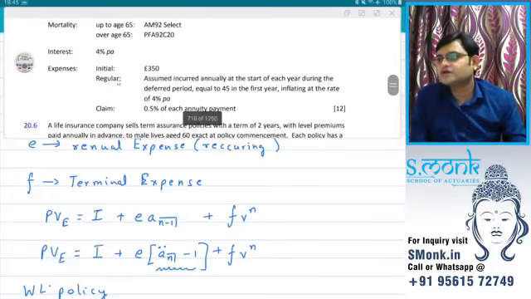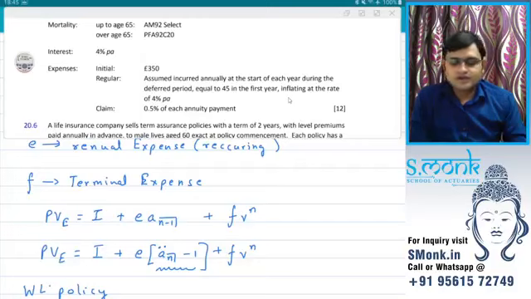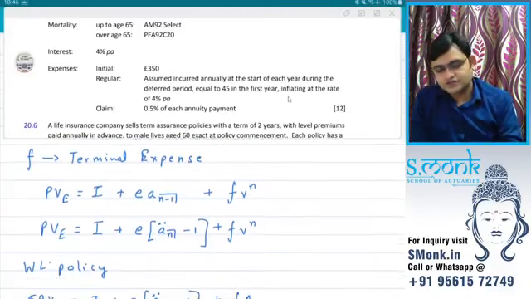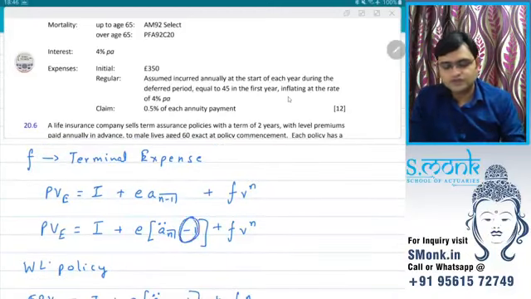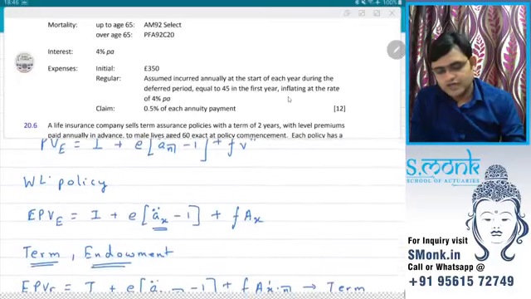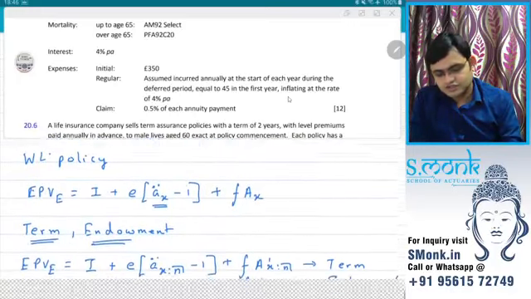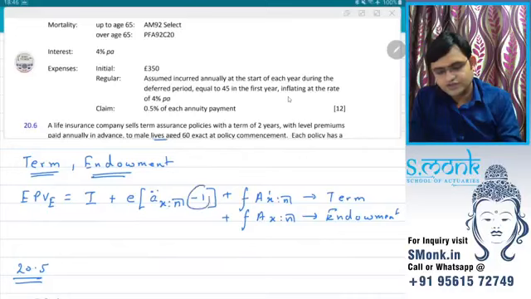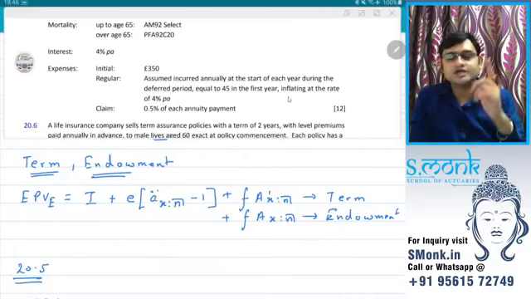That is where the recurring expenses might happen. But they did not say that it will start from the second year. So here our expenses will not be -1, because it is not starting from the second year, it's starting from the first year.